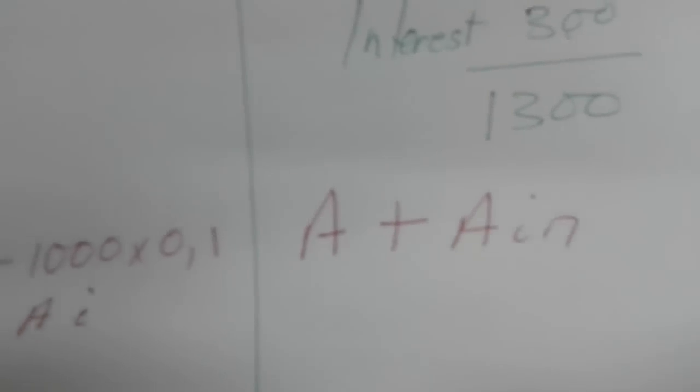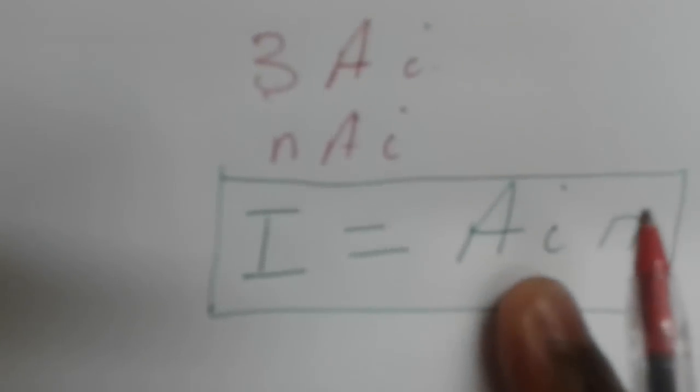Of 300 rands. Now if I add them together, I get 1300. But now let's see if I give names to these figures. The 1000 is called A, plus the 300 is Ain, there you go.